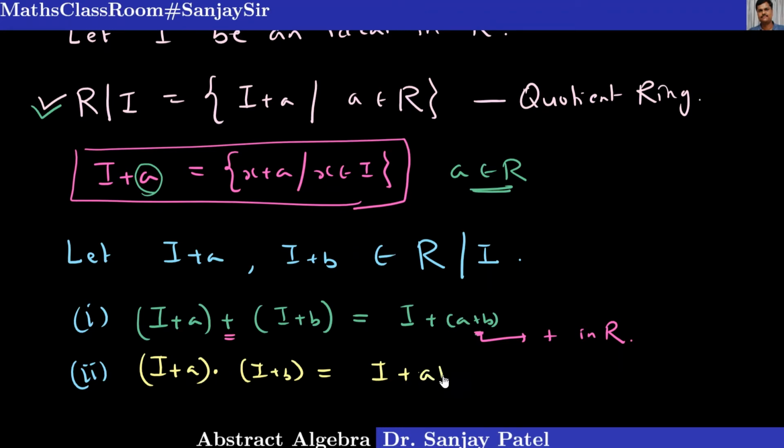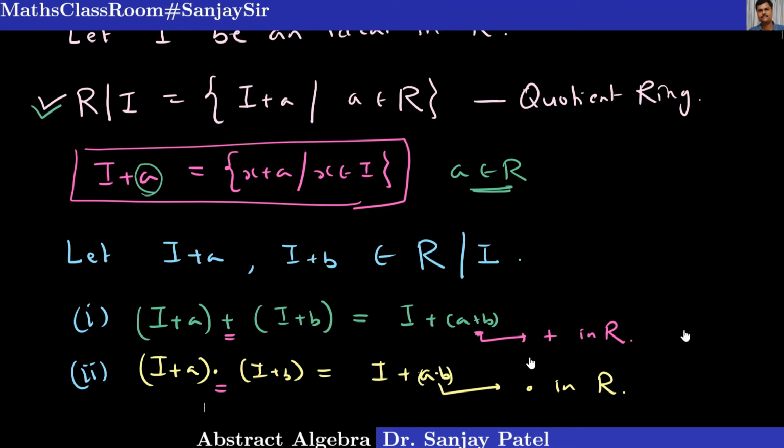And remember, a and b are elements of the ring, so a dot b is also an element of the ring R. So here this dot is the multiplication of the ring R, while this dot is the multiplication operation in the new set R mod I, which we want to make into a ring.